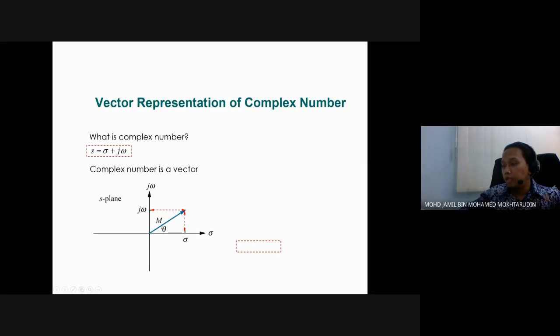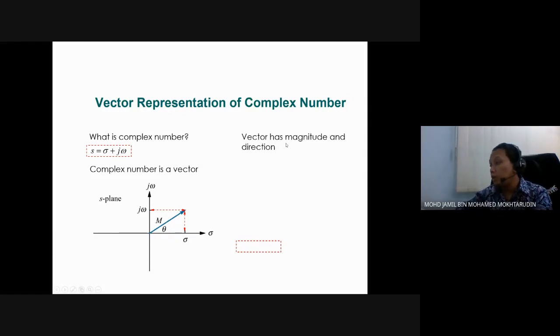So you can represent this by finding the magnitude of the vector and also the angle of the vector measured from the real axis. So you can represent a complex number in terms of the magnitude and the angle of the vector from the real axis.